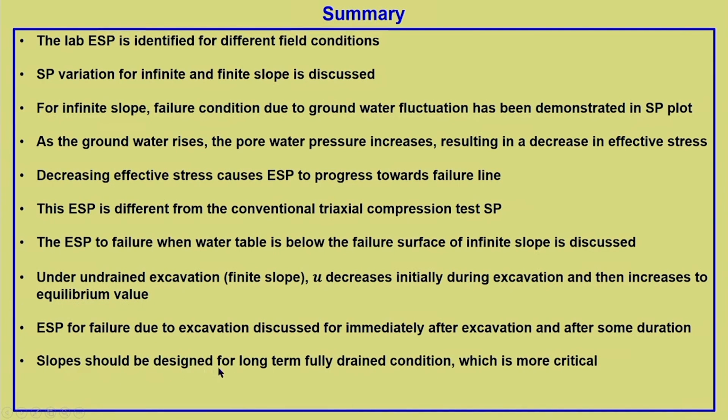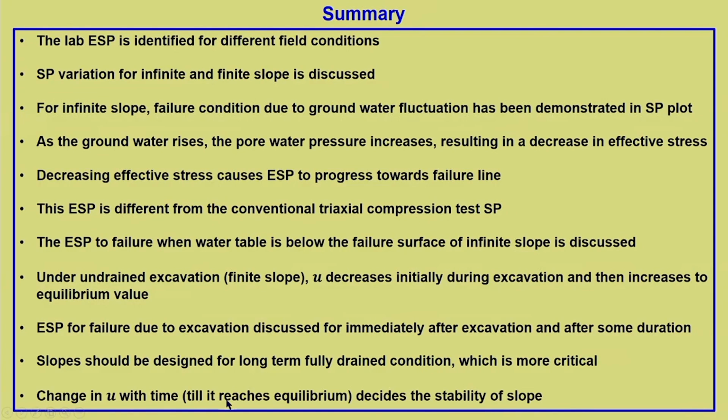Slopes should generally be designed for the long term fully drained condition, which is a more critical condition, because generally it does not fail because of the change in pore water pressure. So, once the equilibrium pore water pressure is achieved, that determines whether the slope is stable or not, and this is particularly applicable for excavation. Change in U with time till it reaches the equilibrium decides the stability of slope.